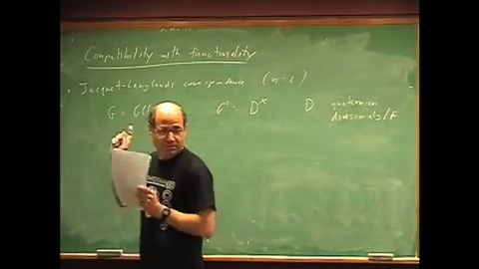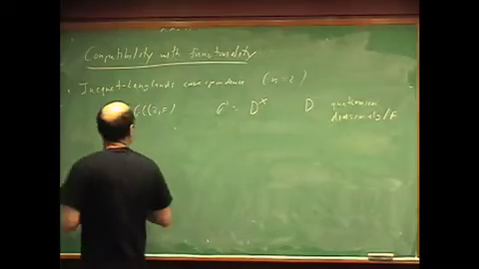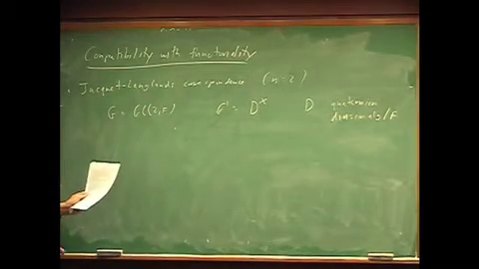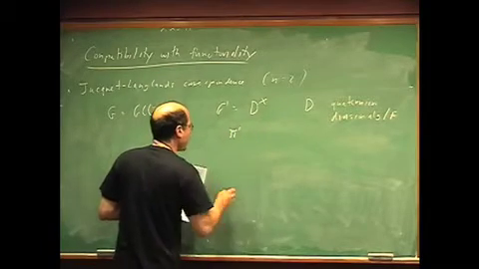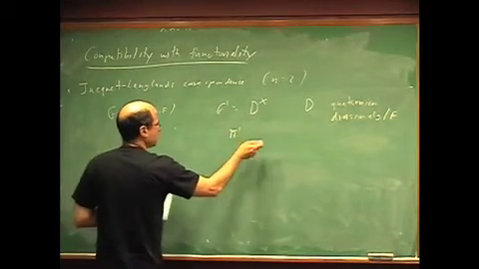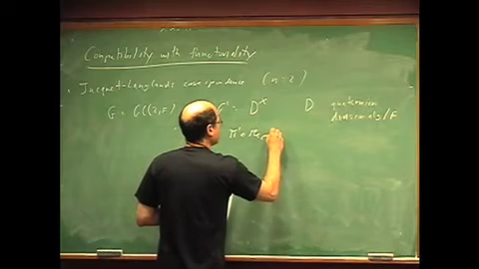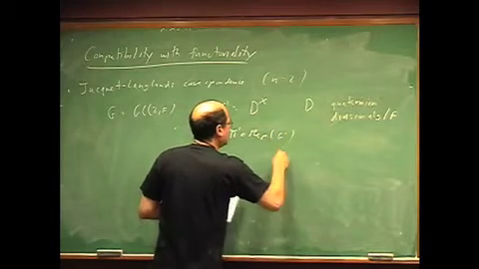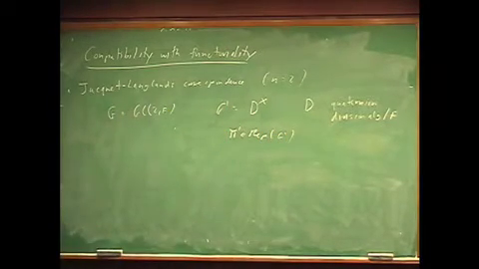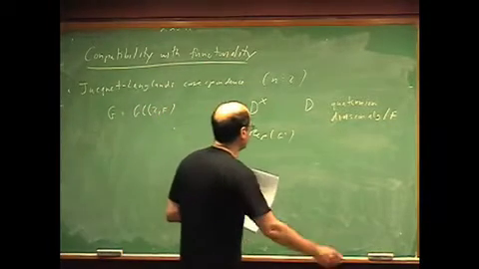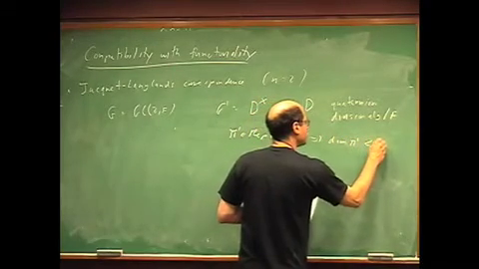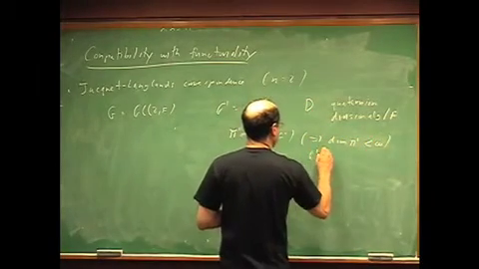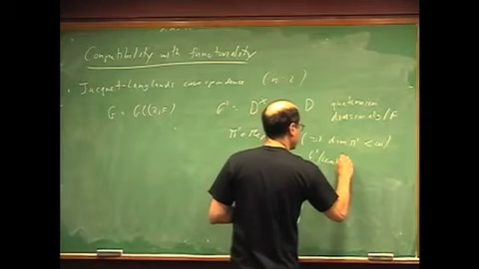Here G prime means irreducible representations of G prime, and G prime is compact mod center, so this implies finite-dimensional.